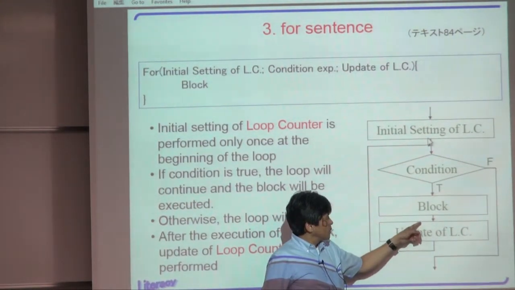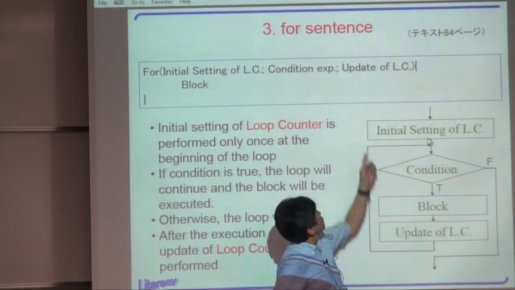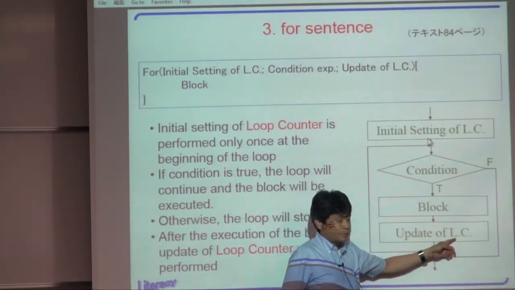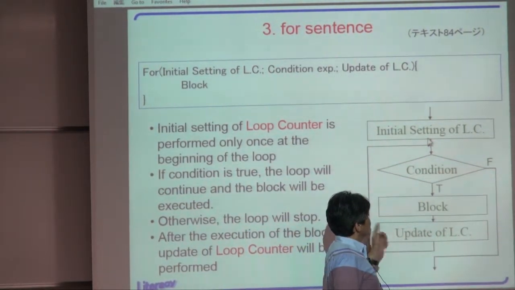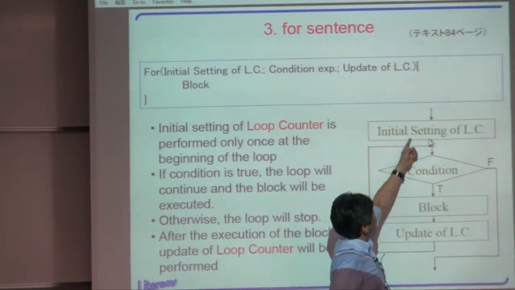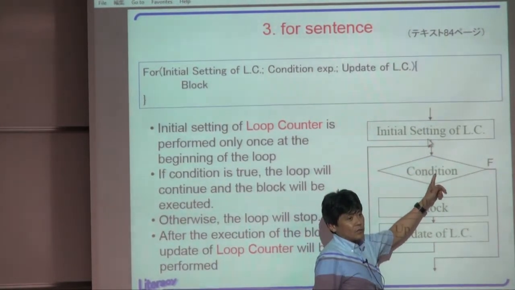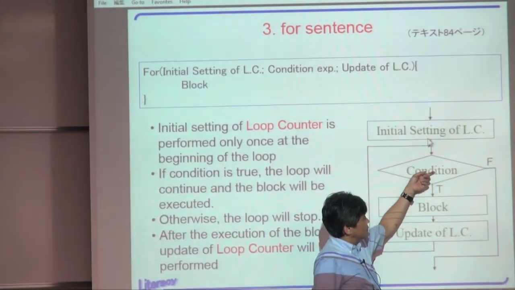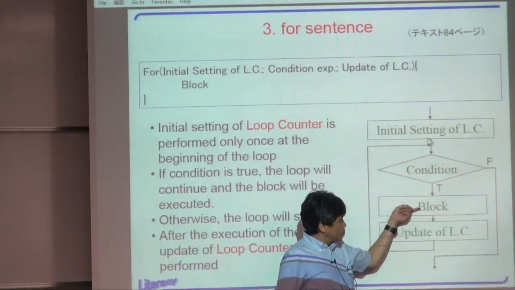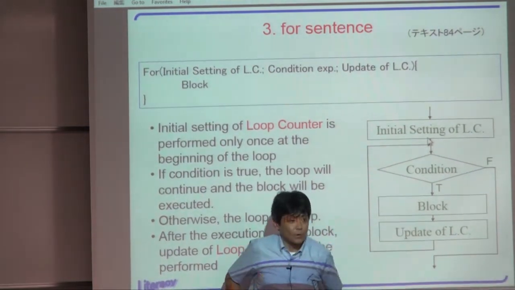And after the execution of the block, the third part of the arguments, the update of the loop counter, will be executed. And the process goes back to this position. The condition is evaluated again, and if true, the block will be executed and the update of the loop counter will be executed. Okay?